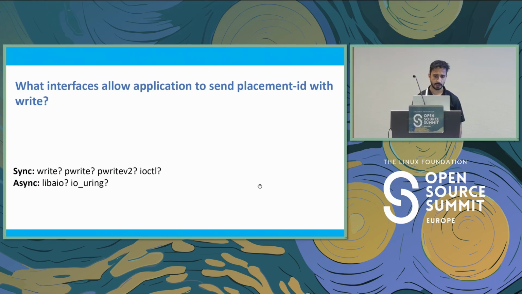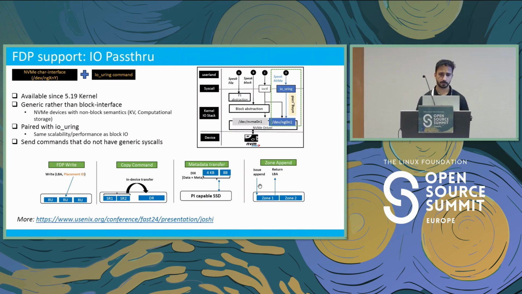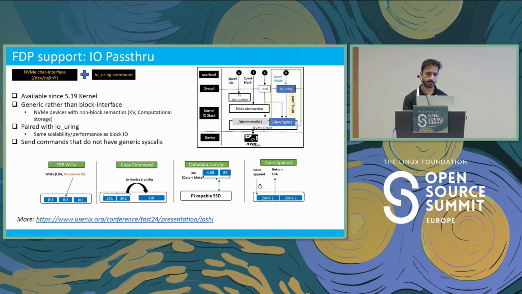So we need to think of other options like libaio and io_uring, because these devices happen to be fast and parallel. You would really need asynchronous IO for it. And this is about sending writes, which is a fast path operation, unlike ioctl, which happens once in a while.